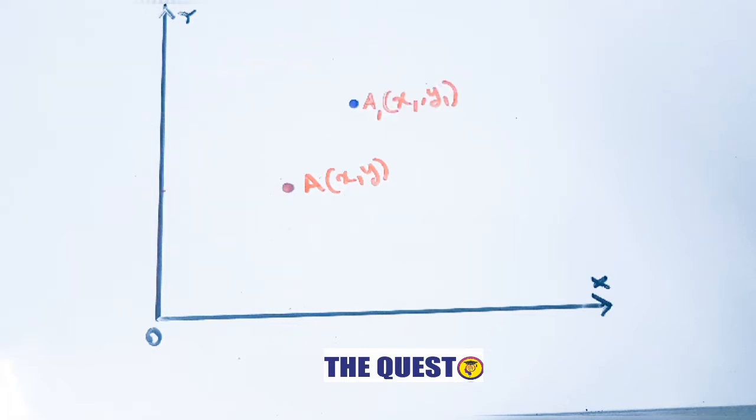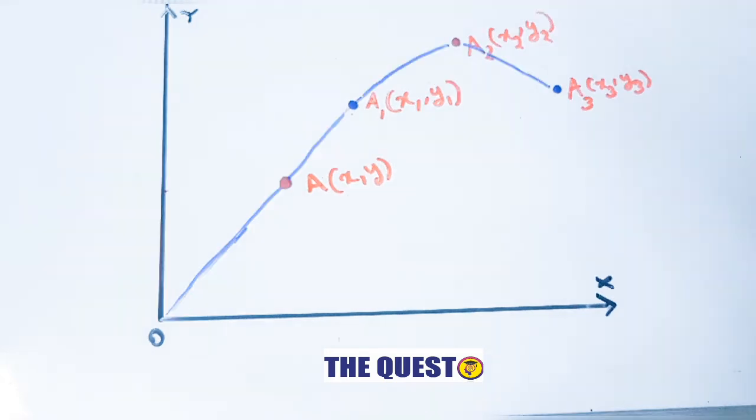If this point changes its position in the frame, then we can get different sets of x and y like x1, y1, x2, y2, x3, y3 and so on. When we join these points with a smooth curve, we can get a plot or graph in the xy plane.